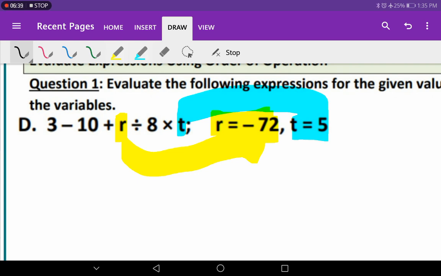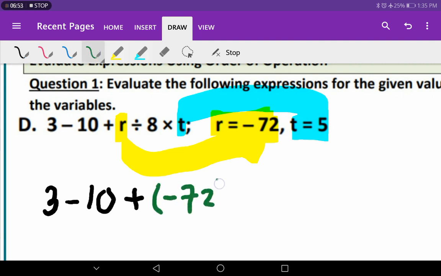So let us write it now. 3 negative 10 plus r, it is negative 72, so I have to write negative 72 here, divided by 8, multiply by t, which is 5.